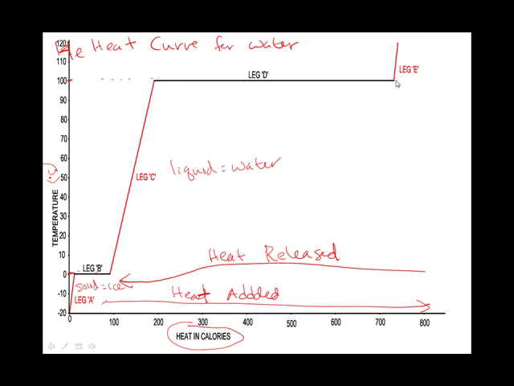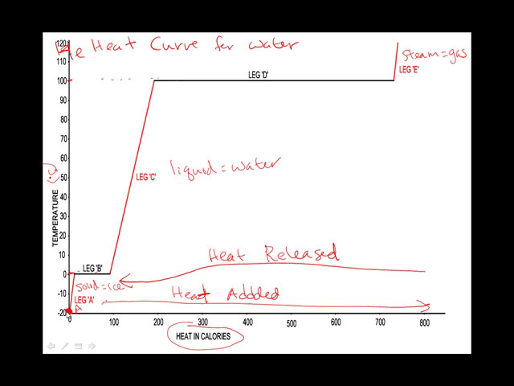Above 100 degrees Celsius, water takes the form of steam, the gas phase. But we're interested in what is happening in leg B and leg D. Let's start from the very beginning of this curve, at negative 20 degrees Celsius. Let's call this point A.